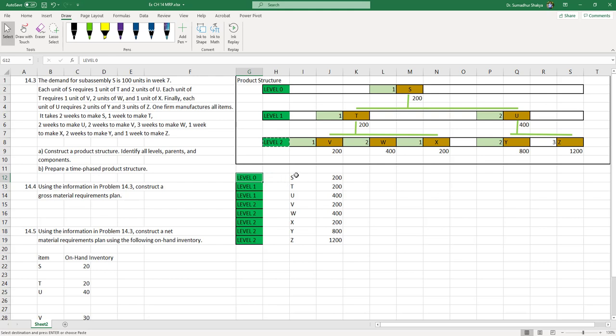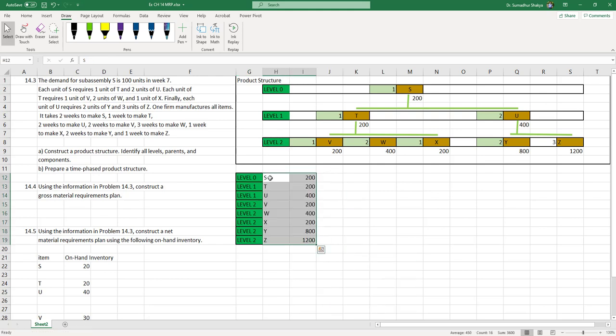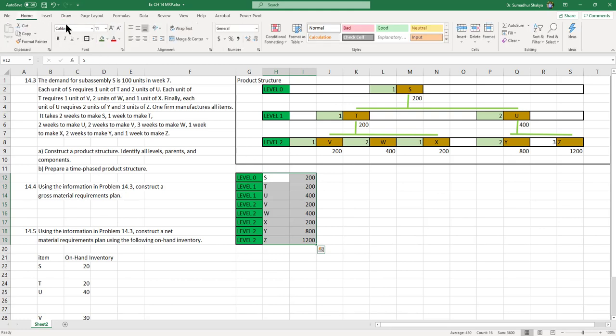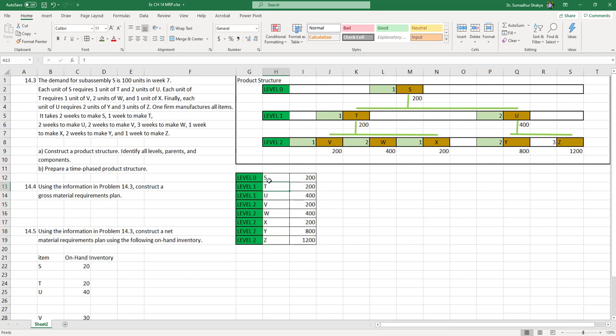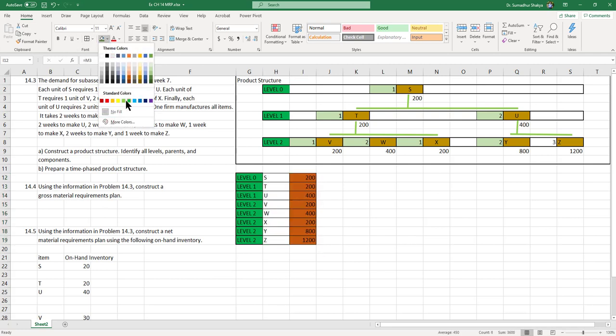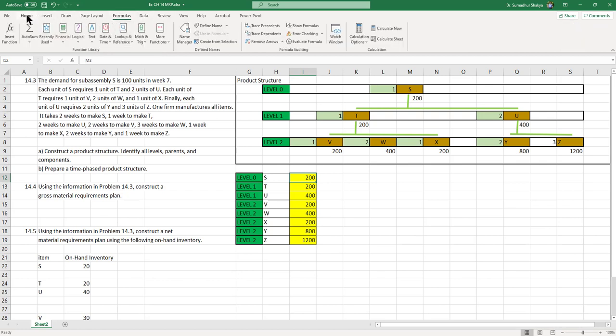Okay. Now, for each of these, these are all the calculated values. If you look at it, I just made them directly equal to where my calculation was.